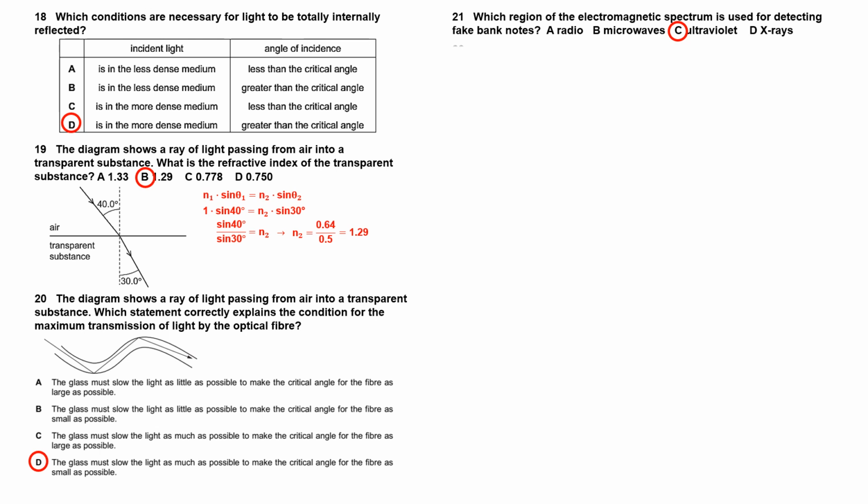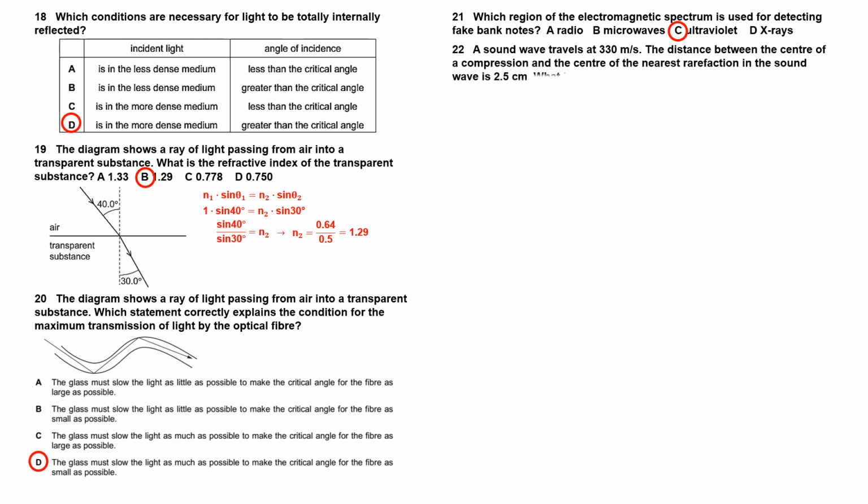Question 22. A sound wave travels at 330 meters per second. The distance between the center of a compression and the center of the nearest rarefaction in the sound wave is 2.5 centimeters. What is the frequency of the sound wave?